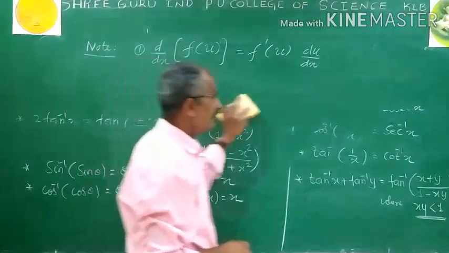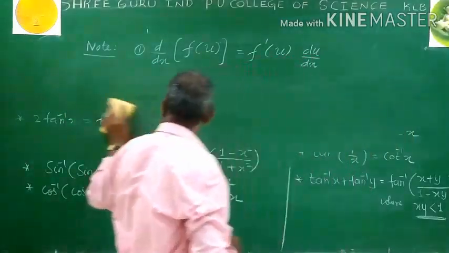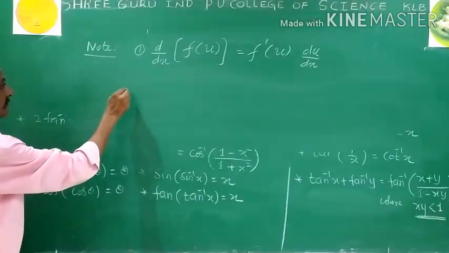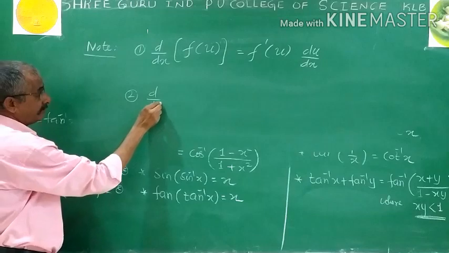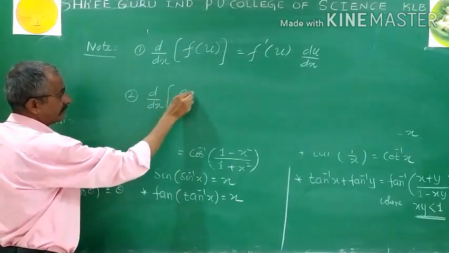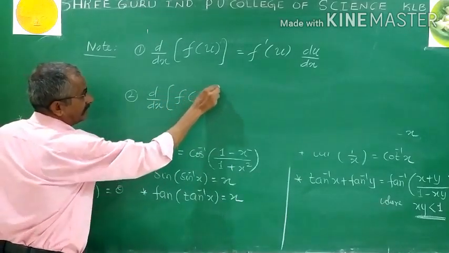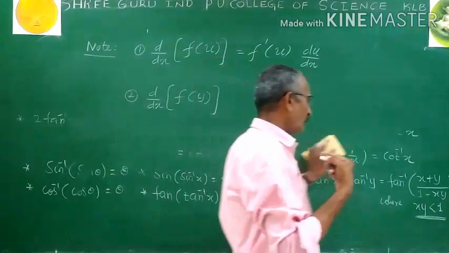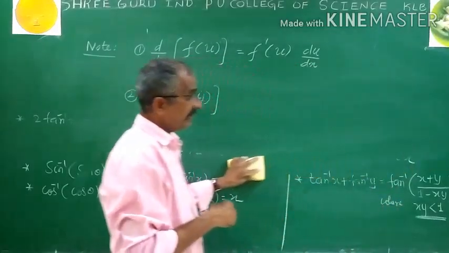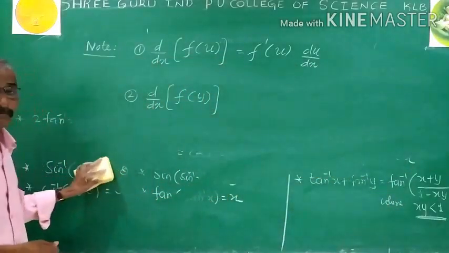Now exactly in the same manner, similarly, second note: d by dx of f of y, and it is understood that y is compulsorily a function of x. But what function of x, we can't tell unless that particular step comes.